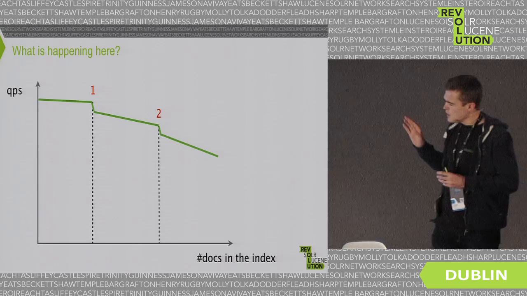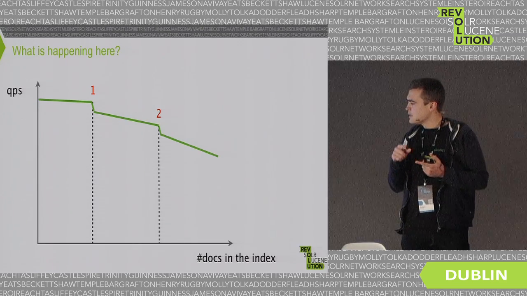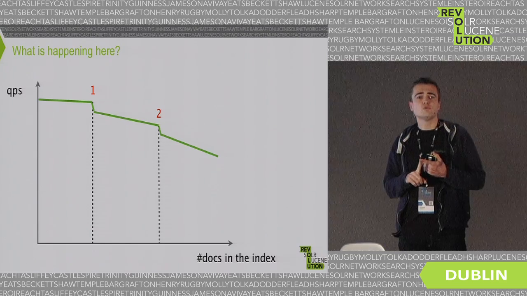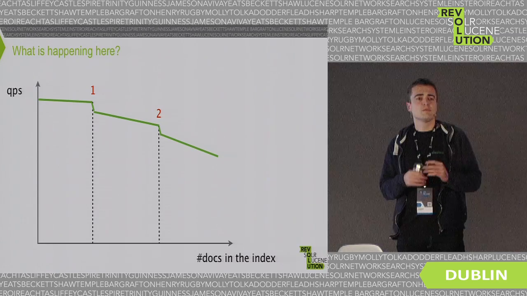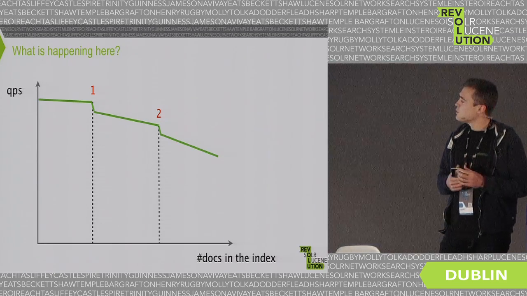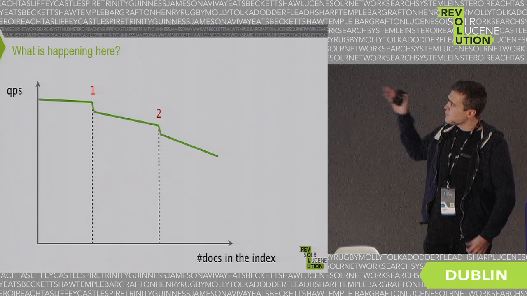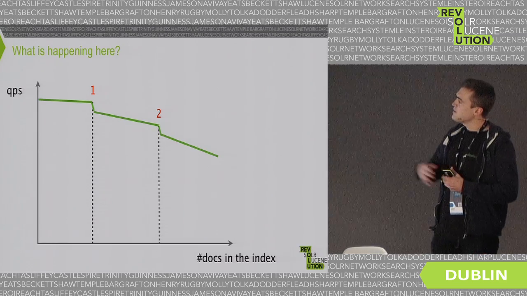To make the problem simple, the index is fully static, and the number of segments is always equal to 1. So there is nothing that could be related to segment merges or something like that. The index is fully static and is always made of one segment. If you compute the number of queries per second according to the number of documents in the index, you will see something like that.